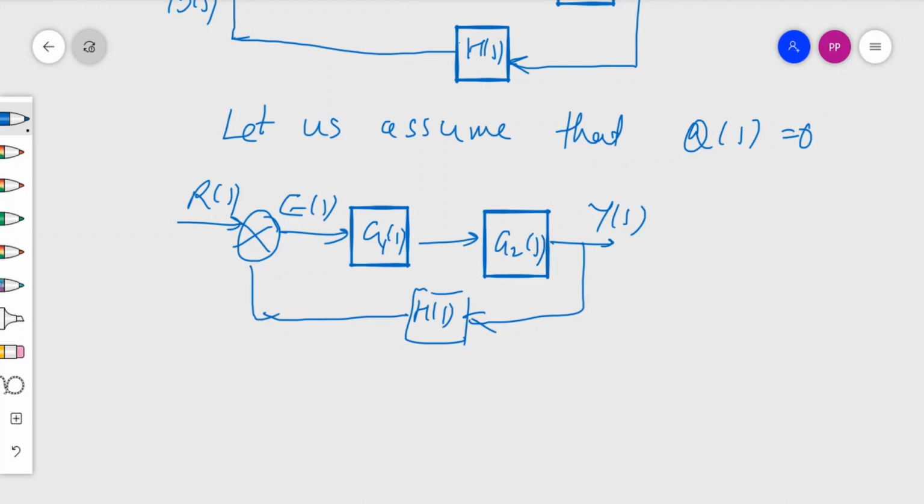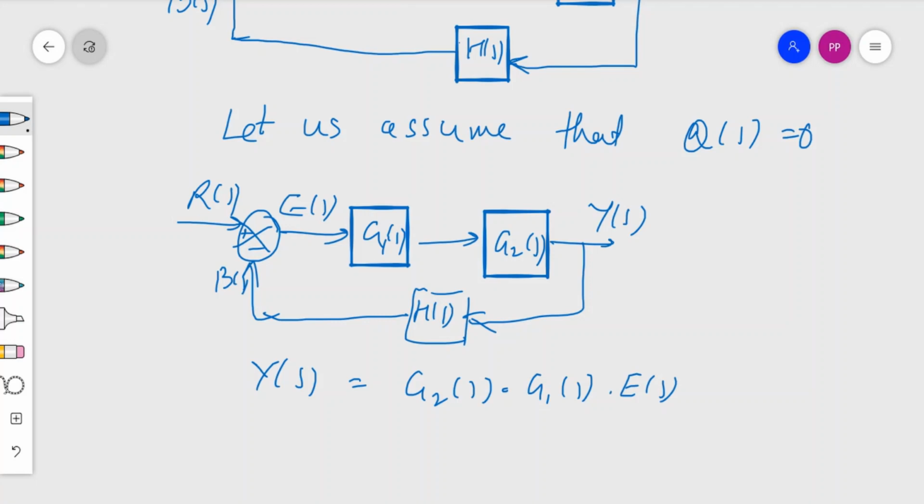So here you have the B(s). So I have the plus and minus over here. So from here, how do you find the transfer function? So naturally, we have Y(s) equal to G2(s) G1(s) E(s).